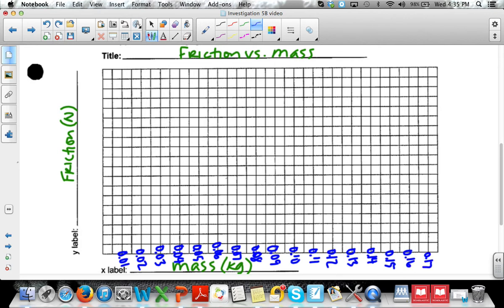Okay, so I don't think your car should get heavier than that, so that should be fine.